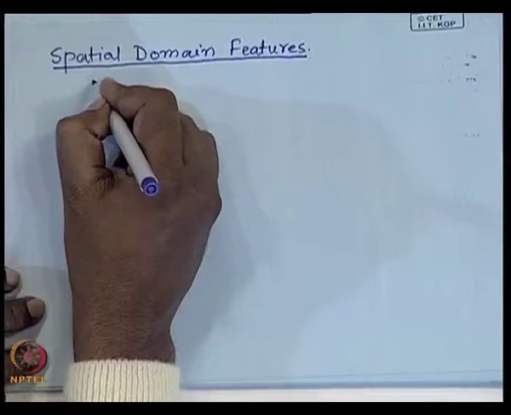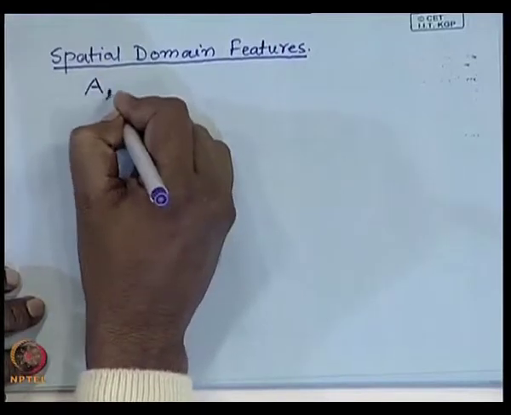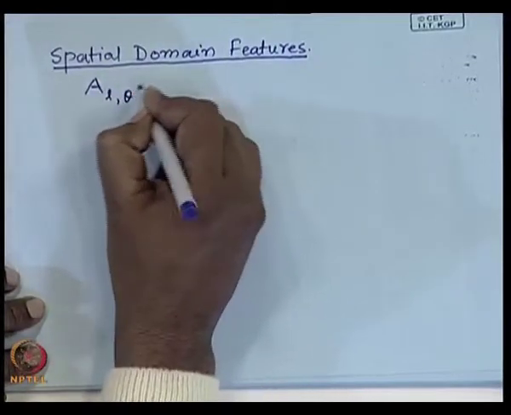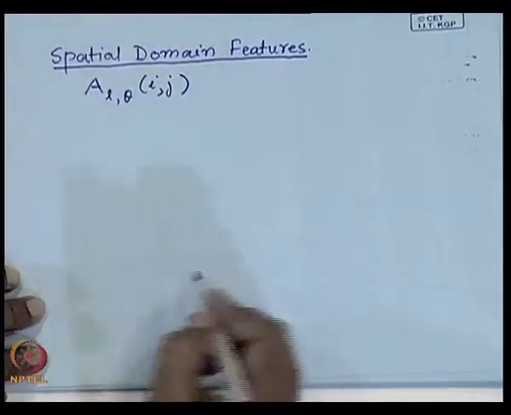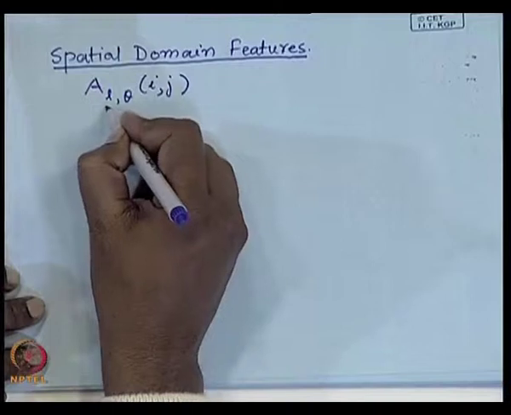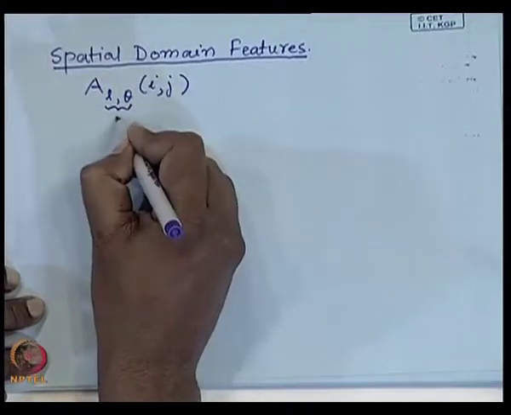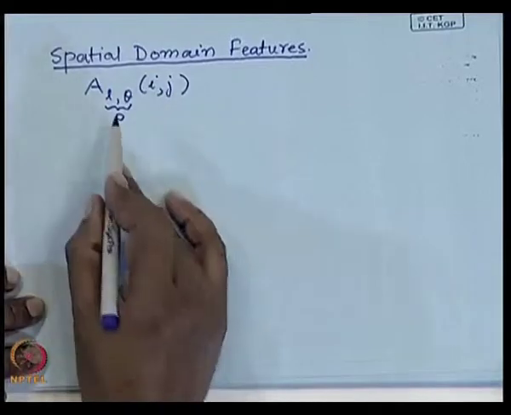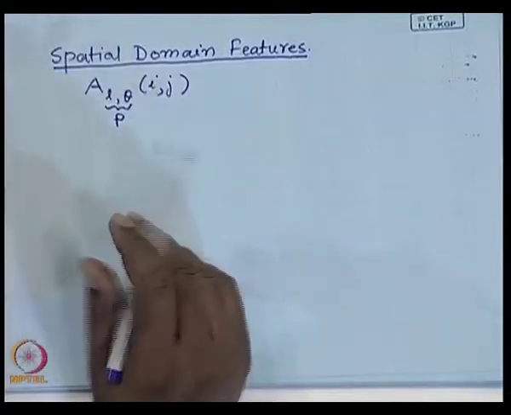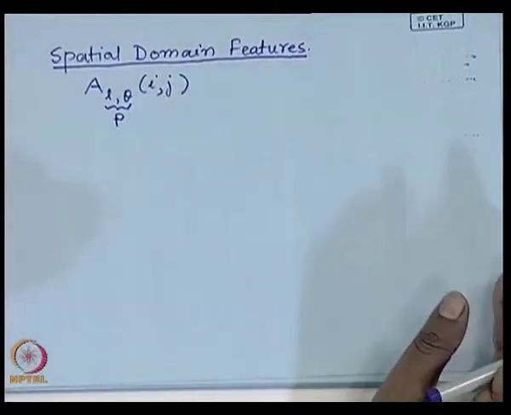The co-occurrence matrix is defined like this, say A L theta I j, where L theta taken together defines a parameter which is called the position parameter P. L tells you the distance and theta tells you the direction. And I and j are two intensity values.